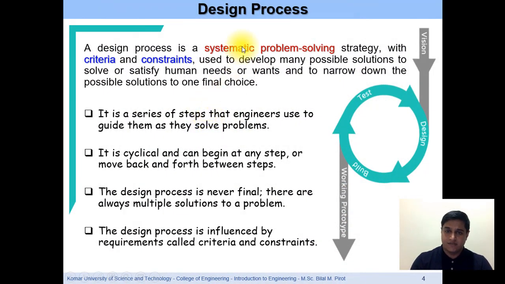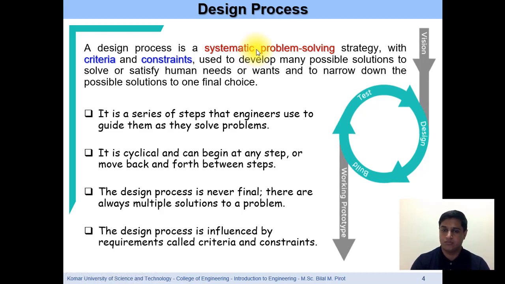What is design process? A design process is a systematic problem-solving strategy. So as we stated earlier, it is a systematic problem-solving. Why do we need to design? Okay, so any design should be based on some types of problems.